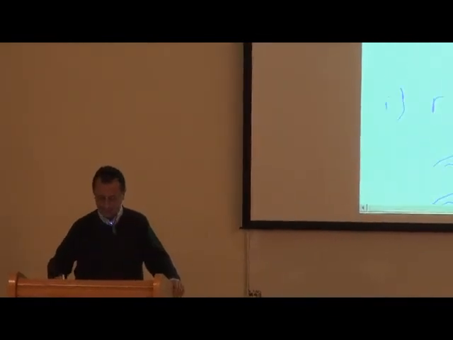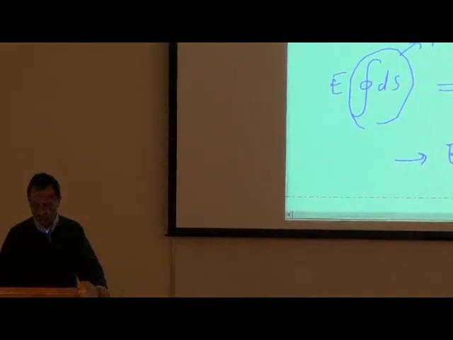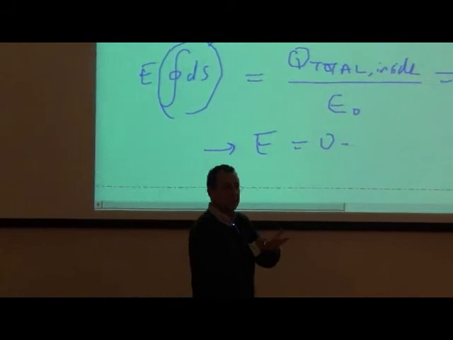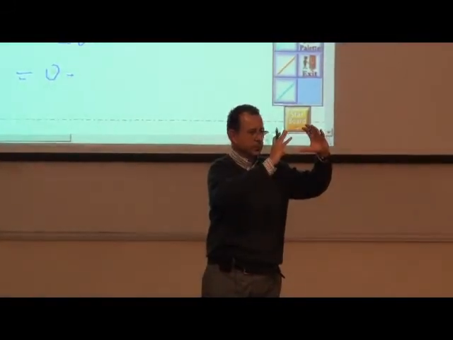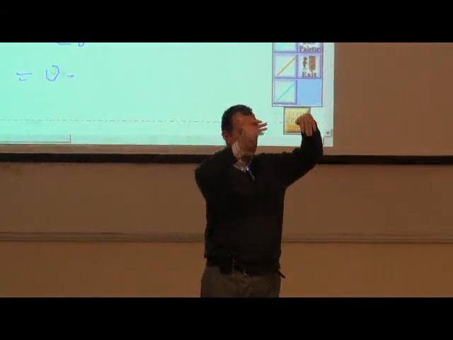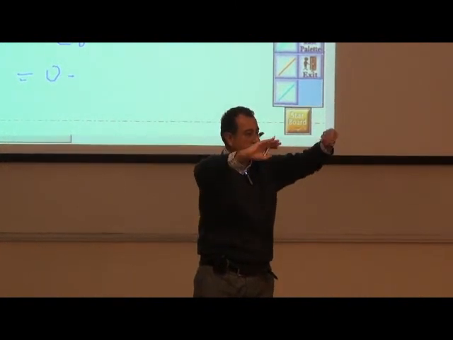Okay. So the electric field is 0 outside this sort of complicated configuration: insulating sphere, conducting shell, plus Q, minus Q. If you are outside, it doesn't make any difference. Total charge inside is 0.